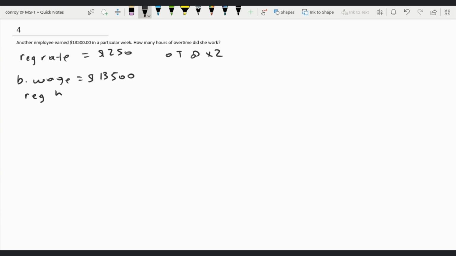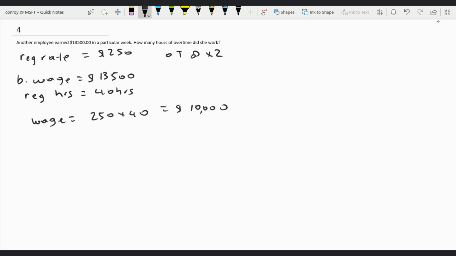Our regular hours is 40 hours. Right? Then our wage will be equal to the 250 times 40, which gives us 10,000. Alright, so 10,000 would be the regular wage.